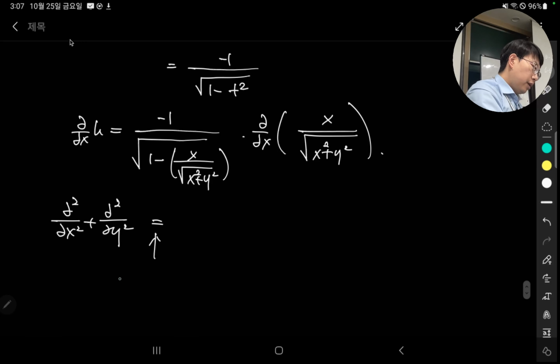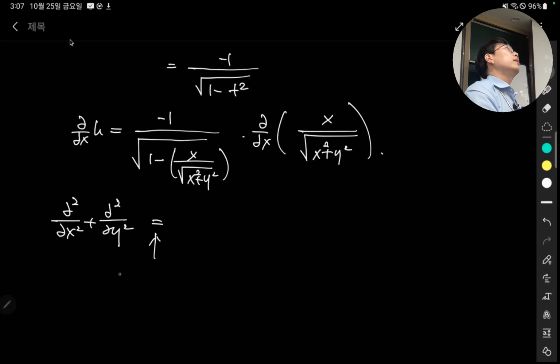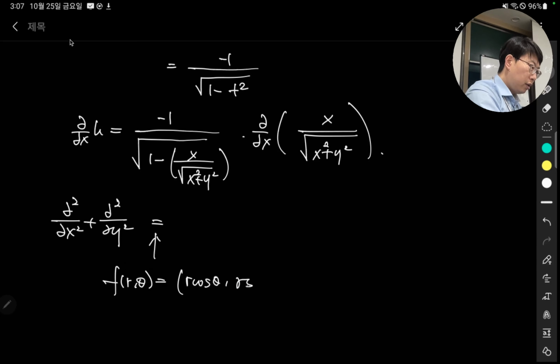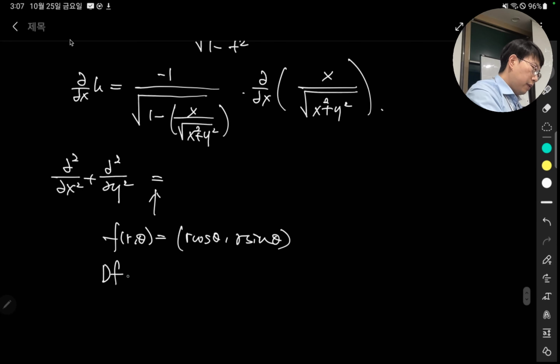So I want to translate this partial operator in terms of r and theta. So r theta transformed into r cosine theta, r sine theta. So this is a coordinate change, okay? So what is df?